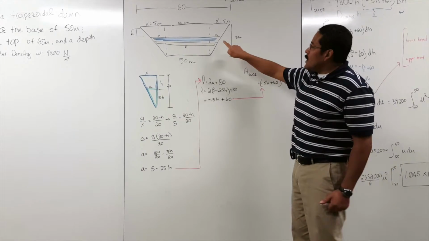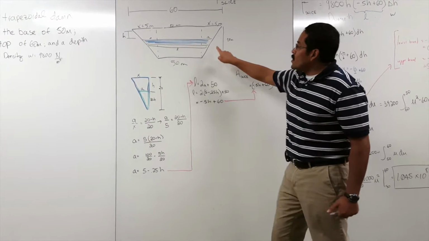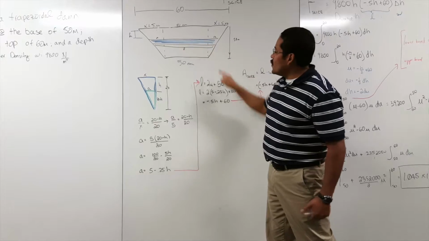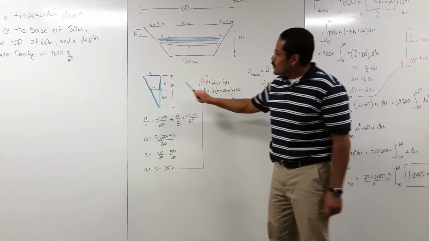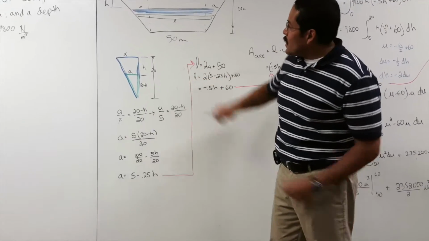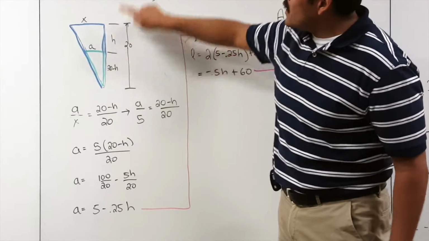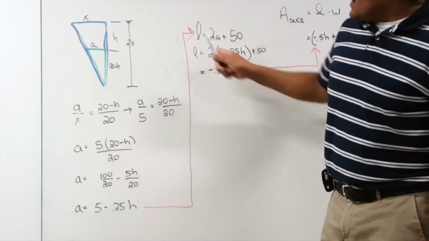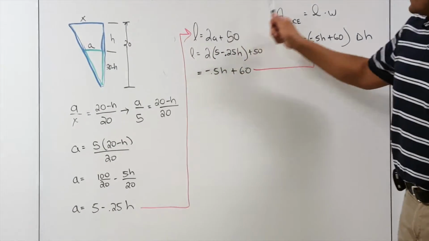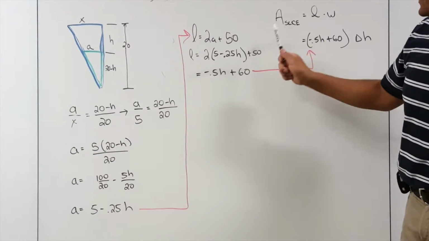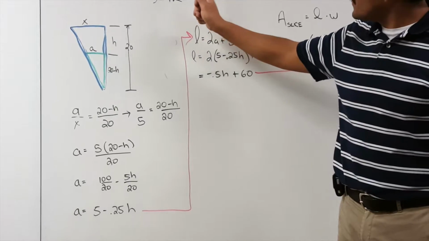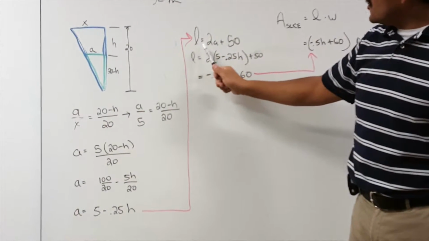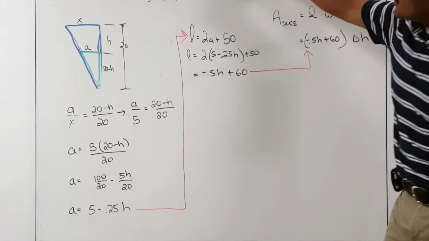In order to solve for the length, we're going to have to use a proportion formula, because this right here is one of the triangles on the side. So this is the formula for each slice.